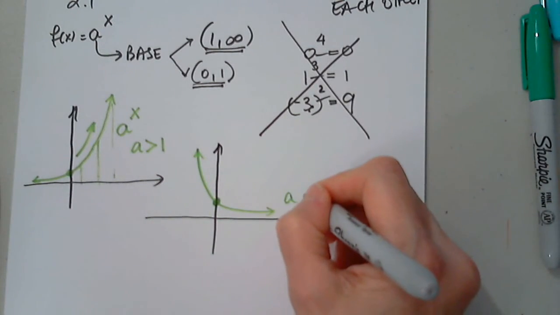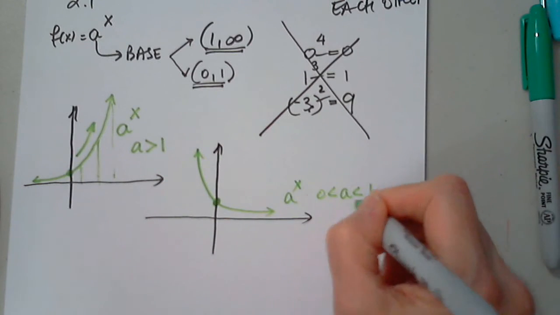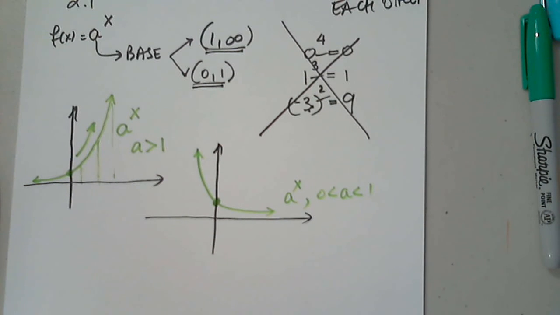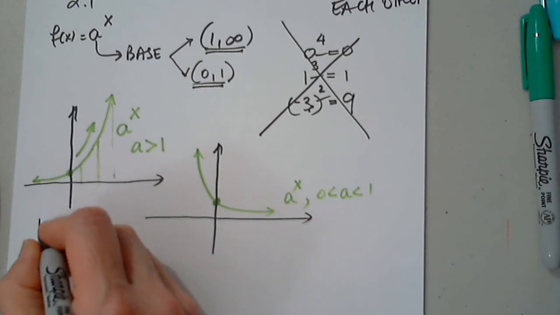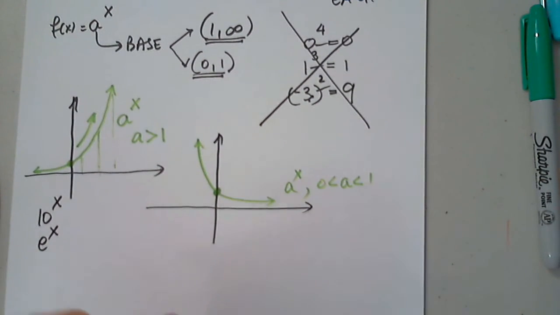So this is a to the x, but a is tiny. Now, this is also the same type of graph with 10 to the x or e to the x. These are the two functions that I just showed you in the graphing calculator.